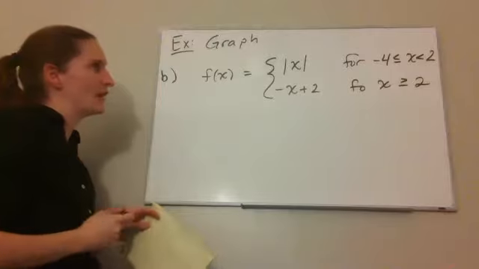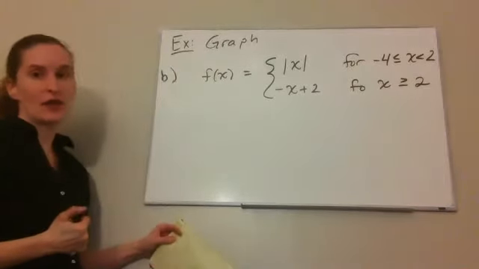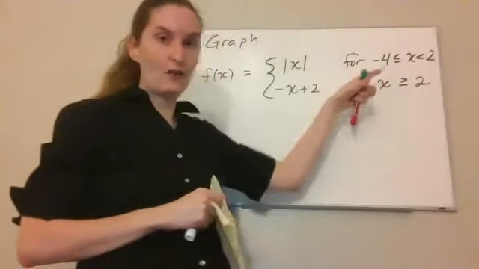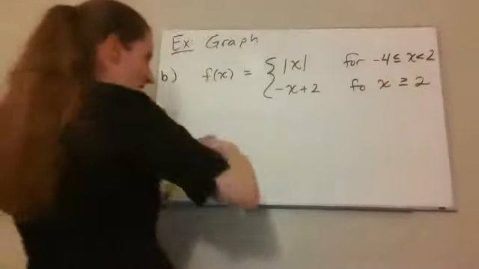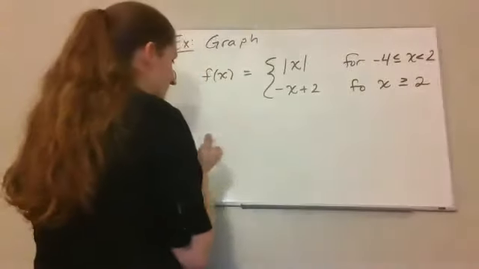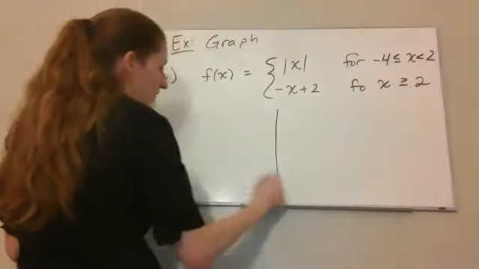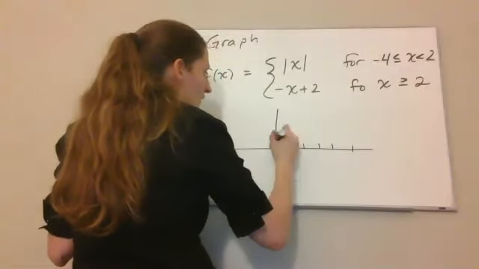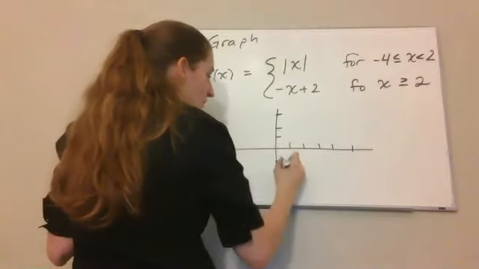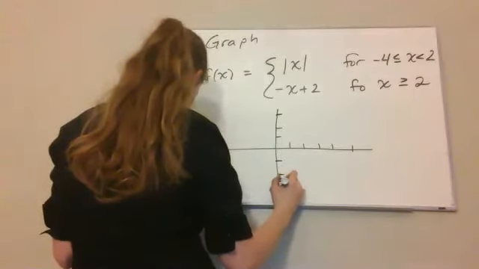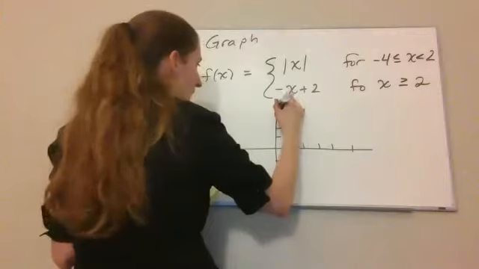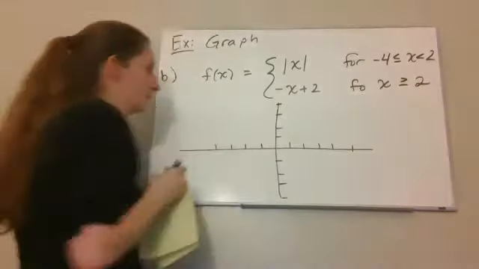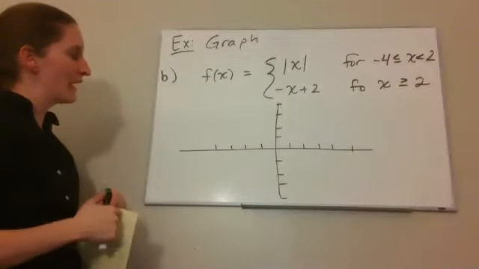So first thing I'm going to point out is this graph doesn't go on forever in both directions. The smallest x value in our domain is -4. But let's get this graph up here.